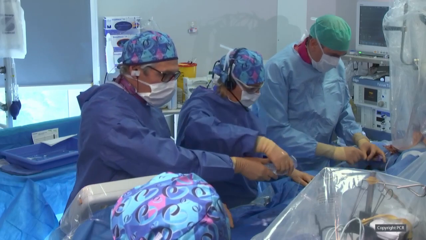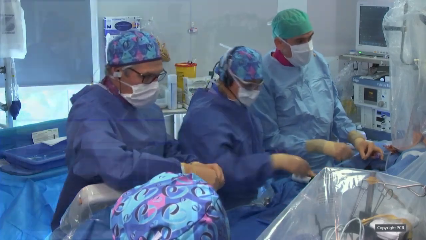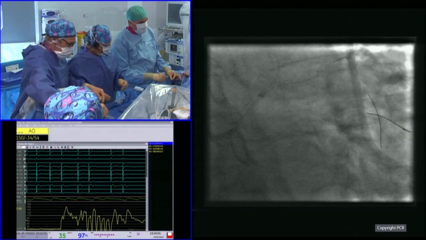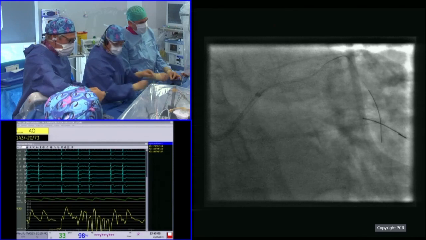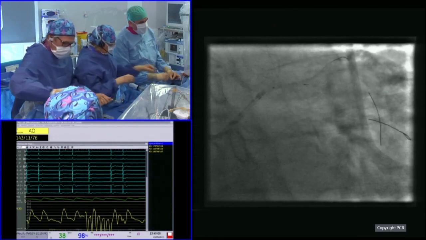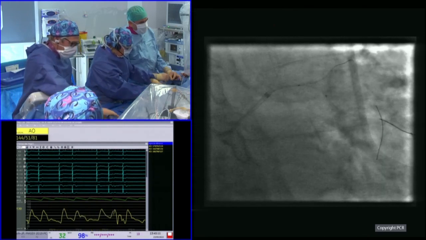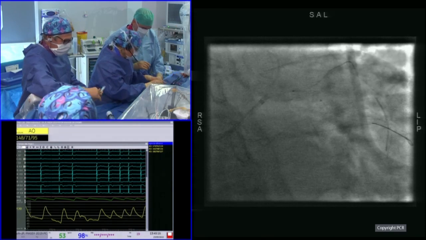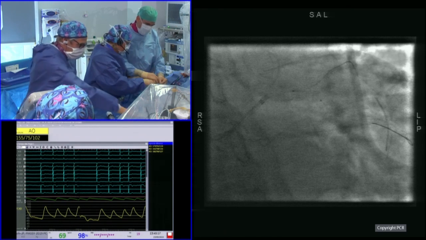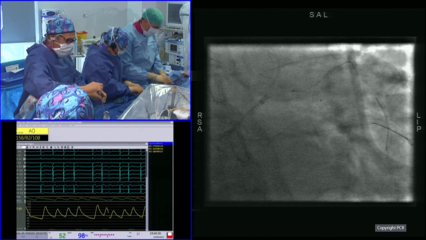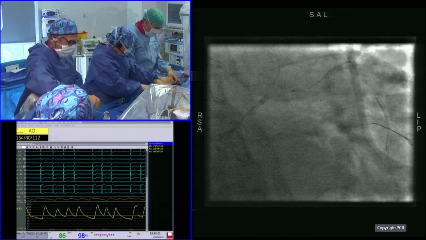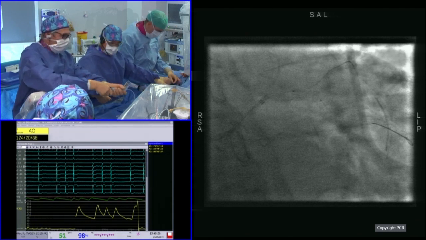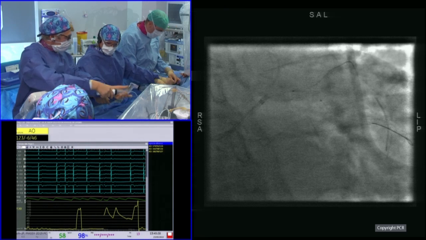So, a question for the panel coming from the audience. In this case, rivaroxaban was stopped. What if you don't stop the NOAC and you let them go through? How do you dose unfractionated heparin at the time of PCI? Standard dosing, or do you go on the lower range? Standard dosing, I think. I completely agree. There are no data, and I would go for standard dosing. There is only one small mechanistic study, but it does not support at all that you can replace unfractionated heparin with rivaroxaban.